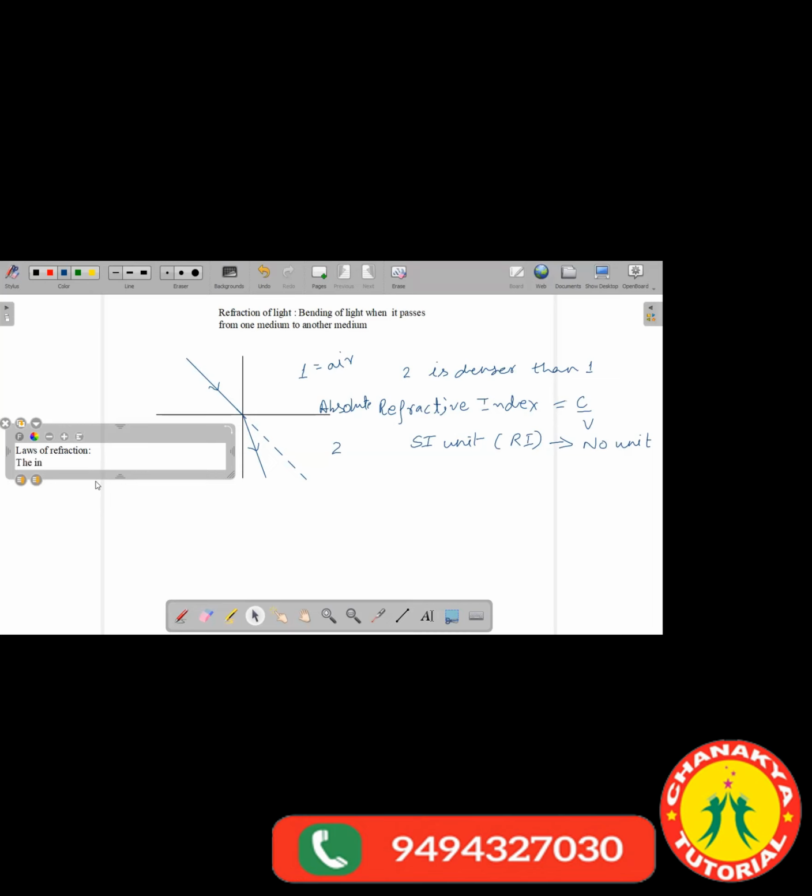The incident ray, the reflected ray and the normal lie in the same plane. So here we do not have the reflected ray, we have the refracted ray. The incident ray, the refracted ray, and the normal all lie in the same plane.